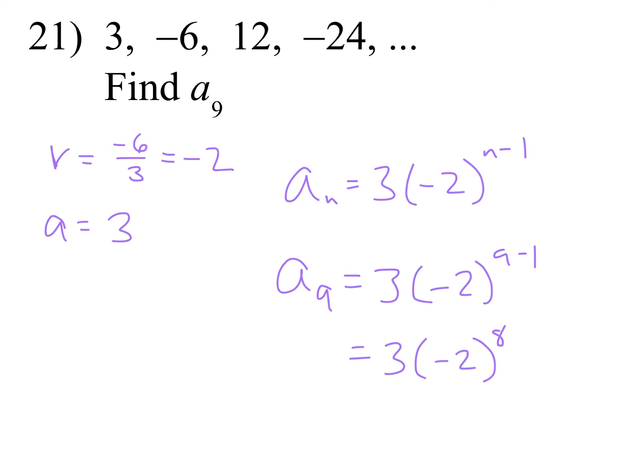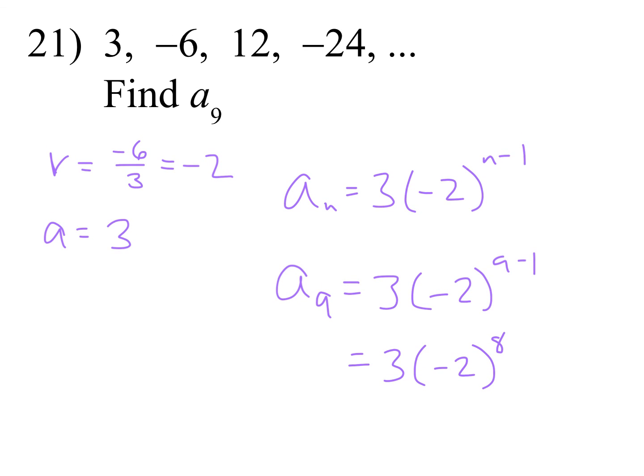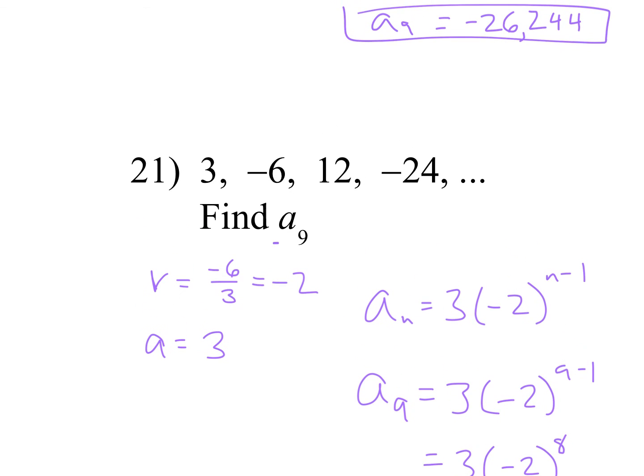It's actually positive 256. So if you're putting it in the calculator, you want to make sure, if you use a calculator, you need to use parentheses. If you're using the phone calculator, just be careful. One way we can tell is we're looking for the 9th term.